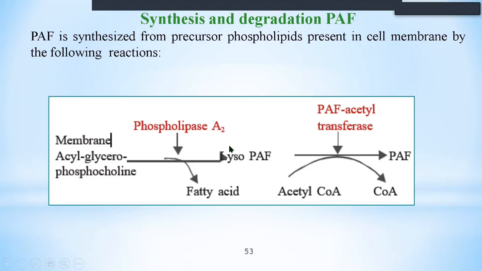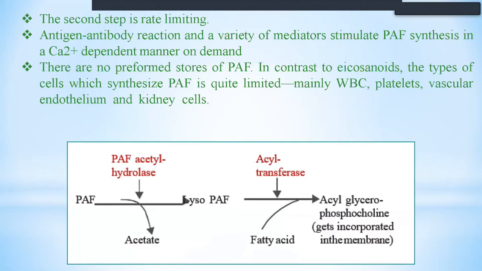Ultimately lyso-PAF is converted to platelet activating factor, and the second step is rate limiting. The antigen antibody reaction and a variety of mediators stimulate PAF synthesis in a calcium dependent manner on demand, and there are no storage sites.